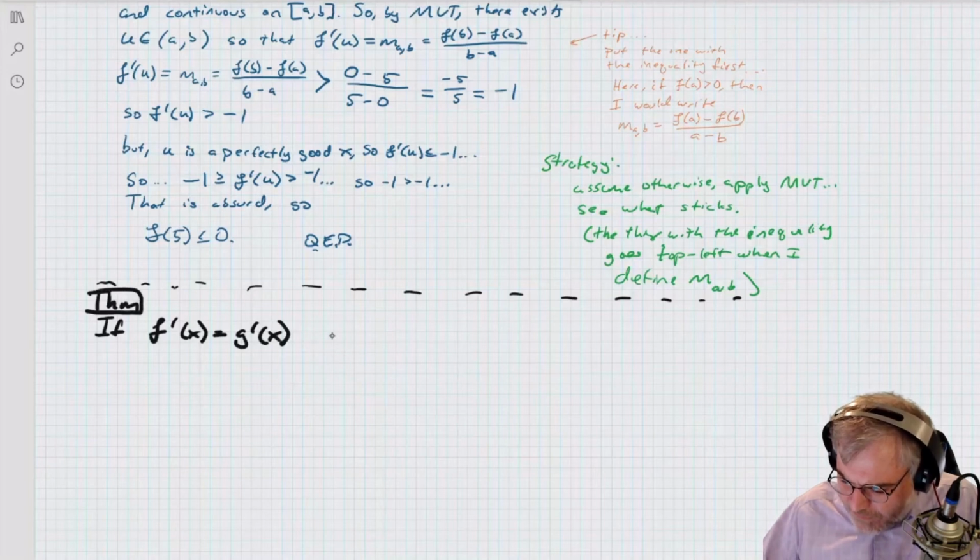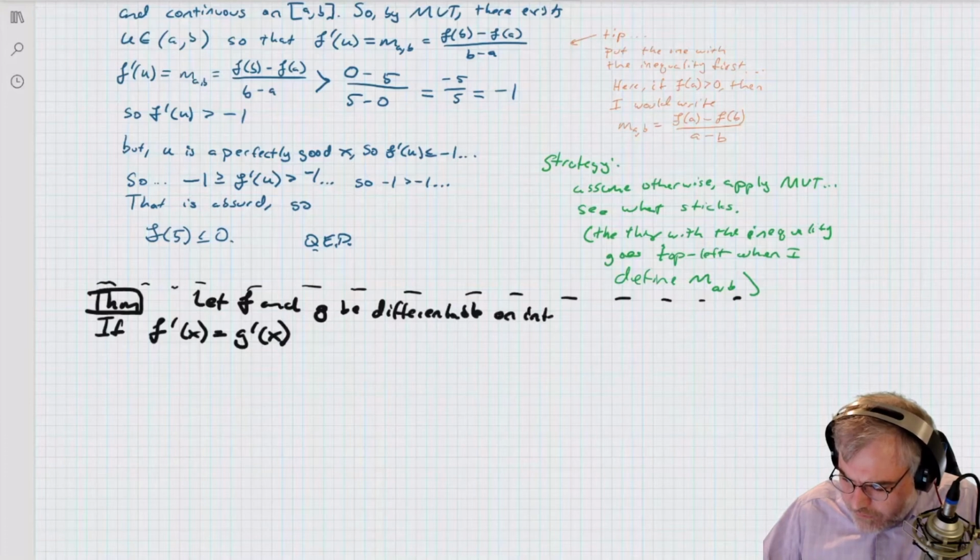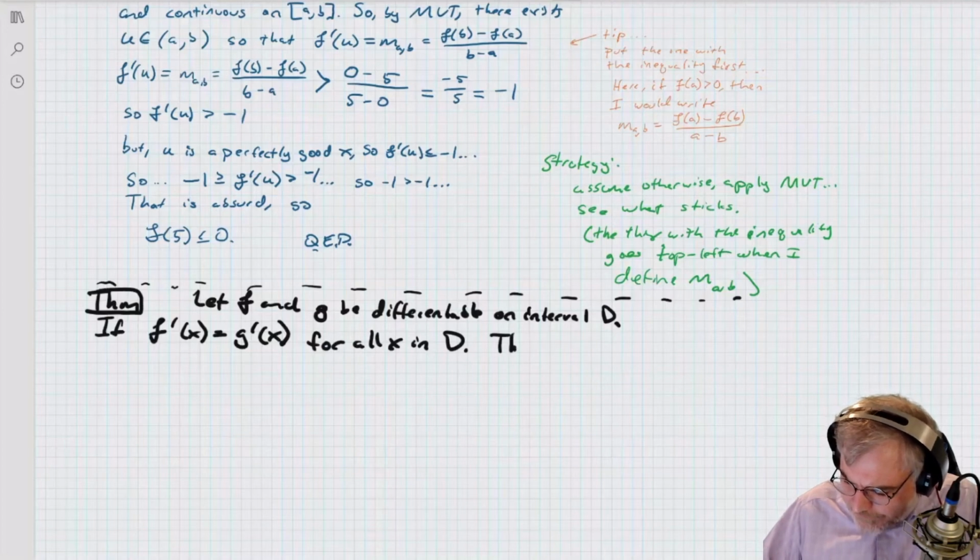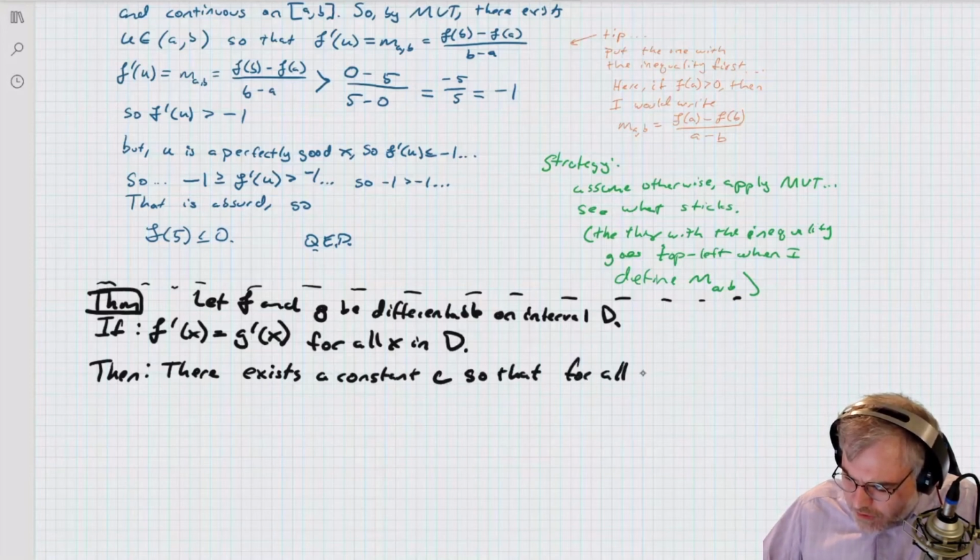If f prime of x equals g prime of x for all x in d, so let f and g be differentiable on interval d, then there exists a constant c so that for all x in d, f of x equals g of x plus c.